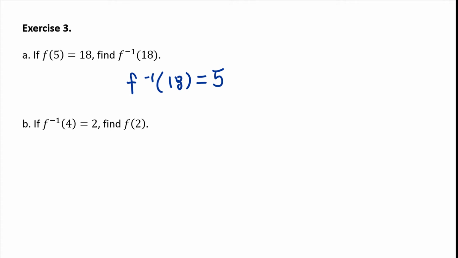Part B. If f inverse of 4 equals 2, then find f of 2. Again, for functions and their inverses, the domain and range switch. So f of 2 would be equal to 4.